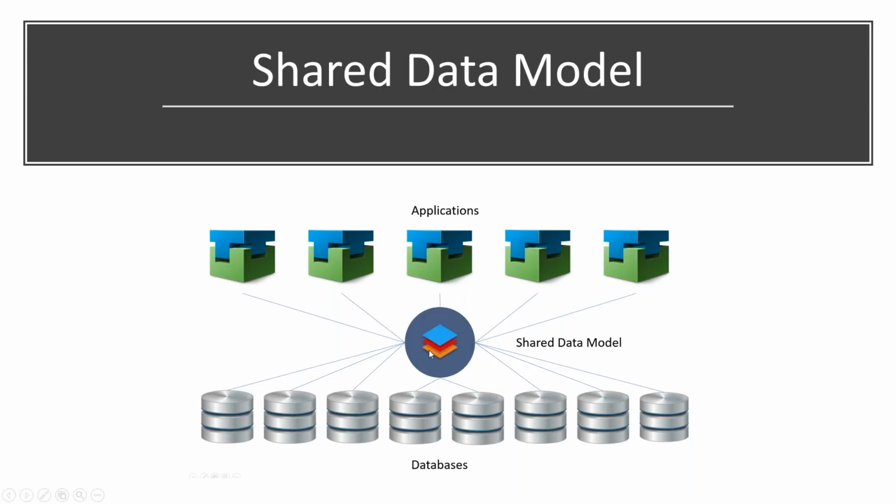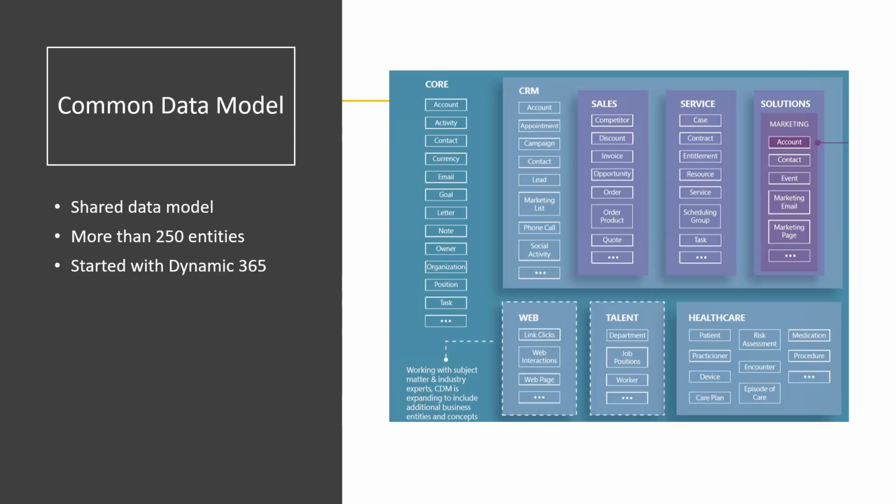Now, this shared data model is what we call the common data model in the Power BI world. It's actually a concept that came first from Dynamics 365. It has been used for some years already in Dynamics 365. So what is the common data model? Common data model is a set of template tables. They don't have any data by default, they're just templates.